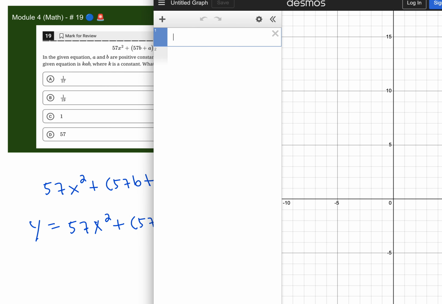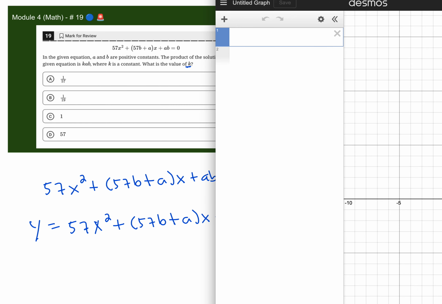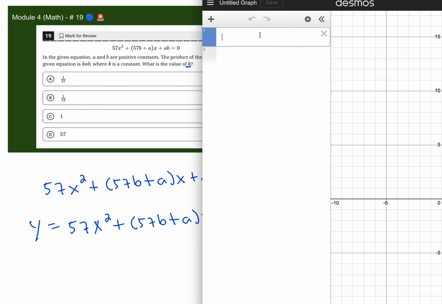I'm going to type this equation in here, just like I see it. So y equals 57 x squared plus 57b plus a x plus ab.